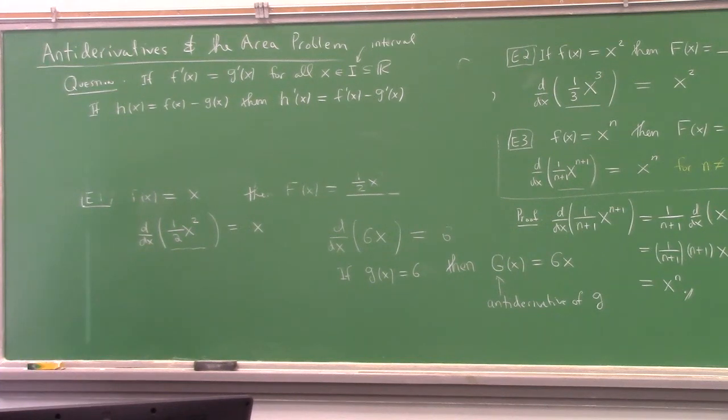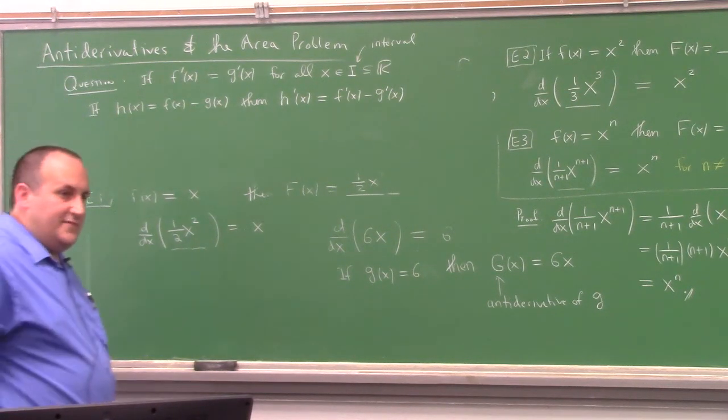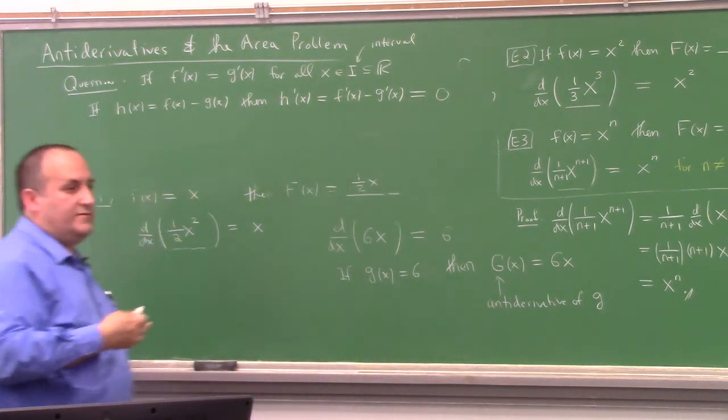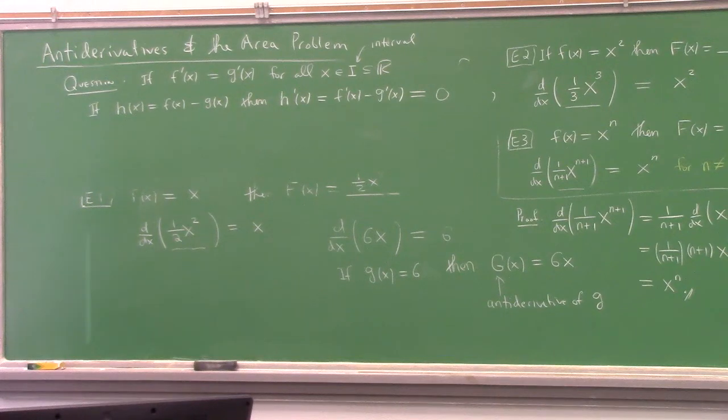And what would that be if we're given that f prime is equal to g prime? Well, f prime of x minus g prime of x would just be 0, in this scenario. And what could you tell me? If the function had derivative 0 for all x in an interval, what would that tell you about the function?